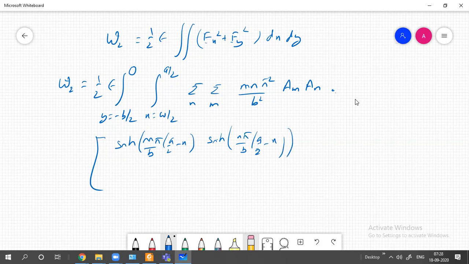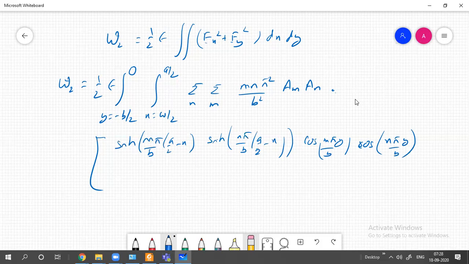This is the first term, E_x squared. In E_x squared we have the cos term and the sinh term, so it has both m and n terms. Similarly for the cos: cos(m pi y by b) cos(n pi y by b), since we are just squaring the two series.